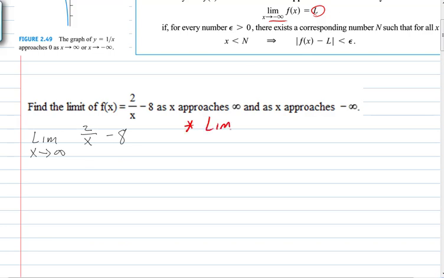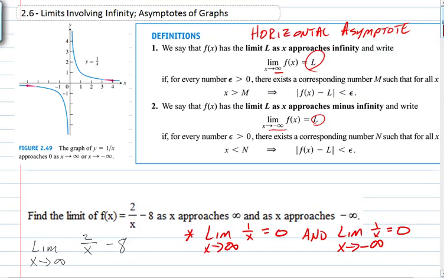The limit as x approaches infinity of 1 over x is equal to 0, and the limit as x approaches negative infinity of 1 over x is equal to 0. We can tell that, and you've already told me that, just by looking at this graph up above, correct?